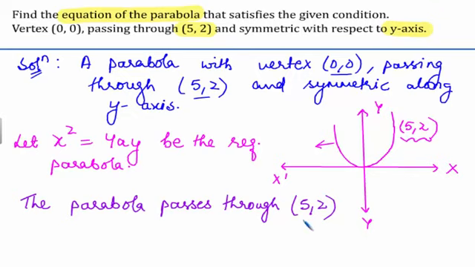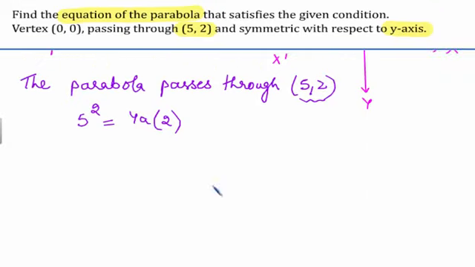Therefore, replacing x by 5 and y by 2 in the equation, we get a is equal to 25 divided by 8. Now, substituting the value of a in the equation x square is equal to 4ay, we will get the required equation of the parabola.